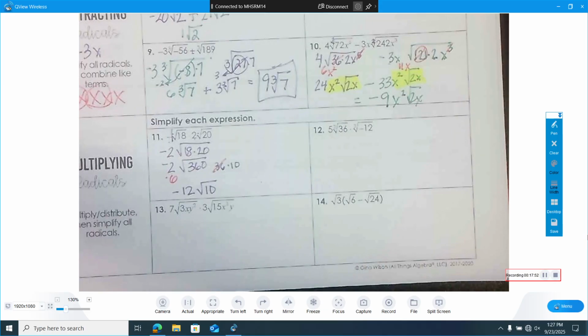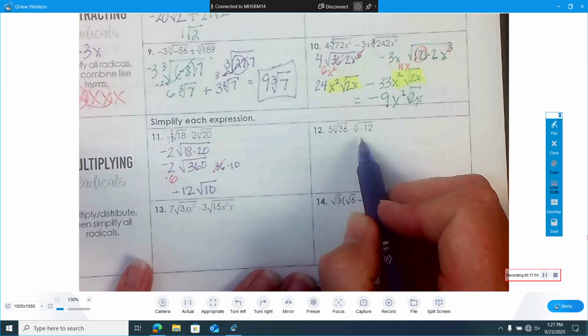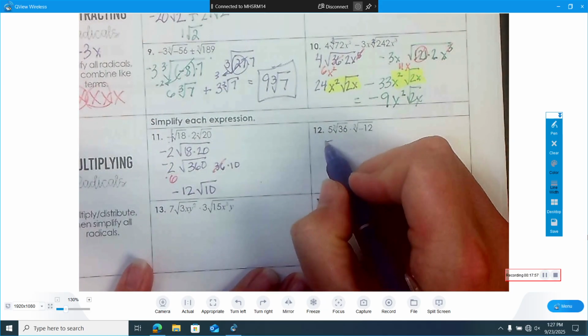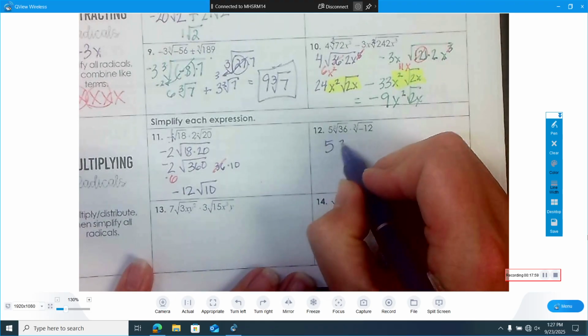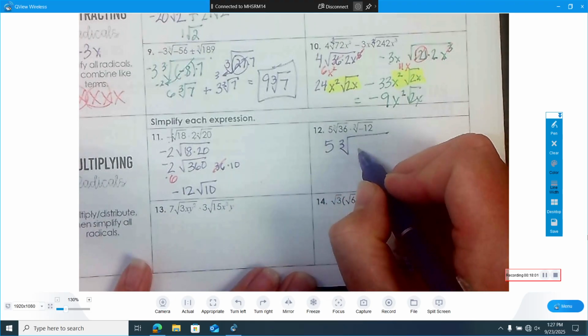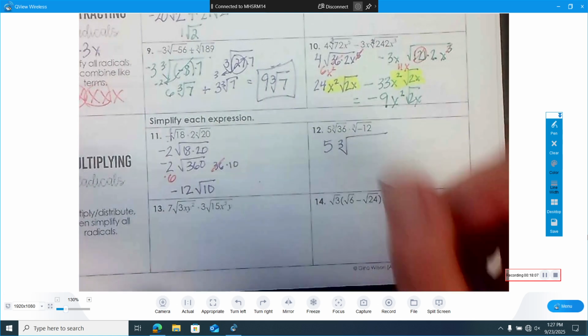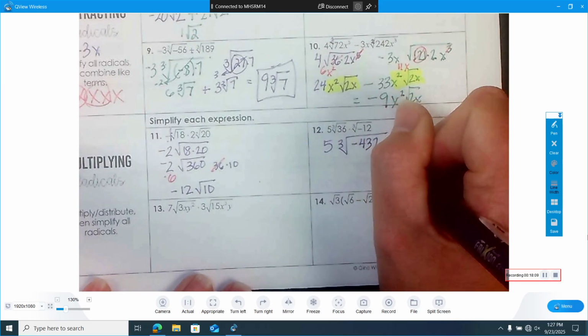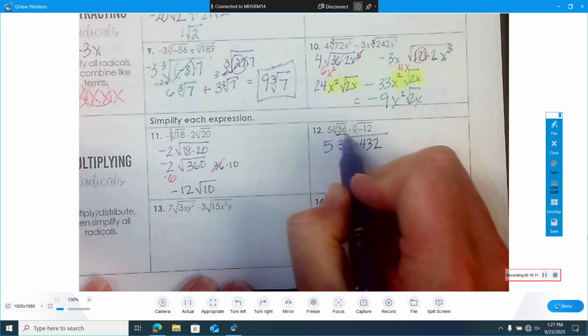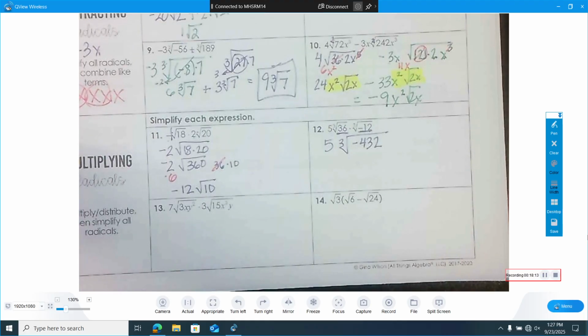All right. On number 12, I have a 5 out in front. And this is a cube root of negative 12 times 36. Negative 432. So I can multiply the, is that called the radicand?